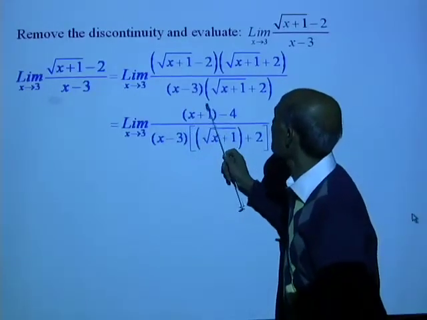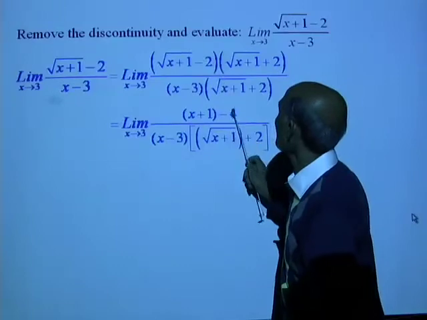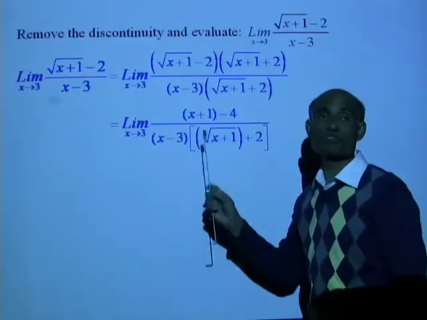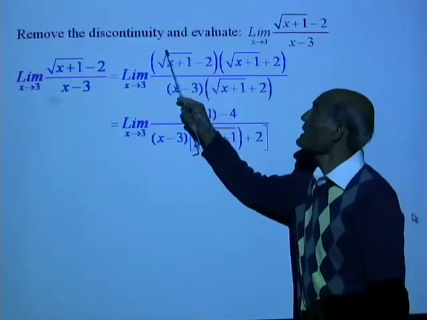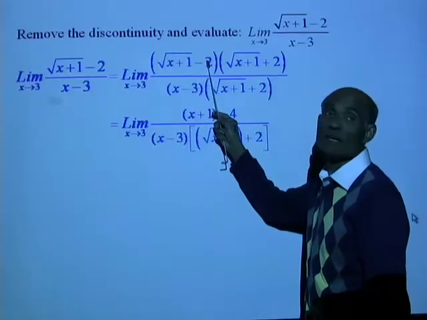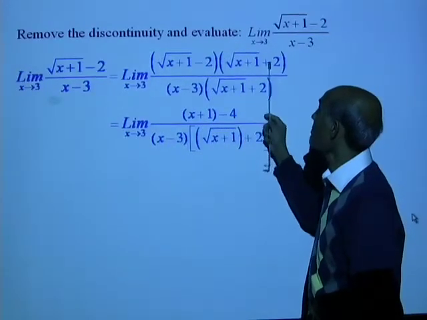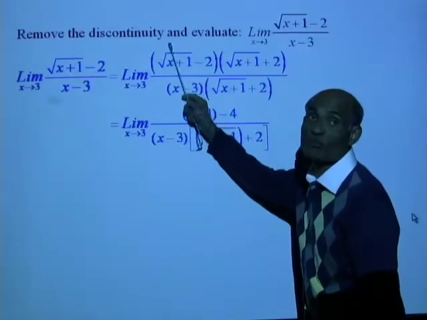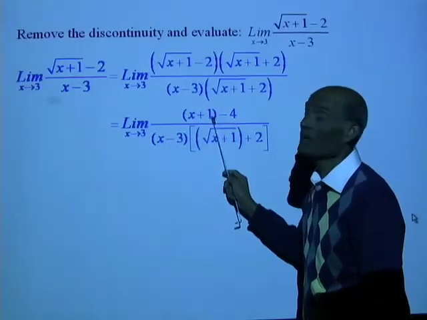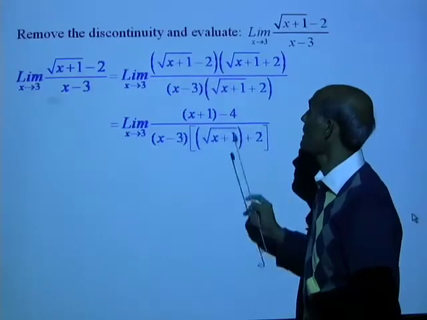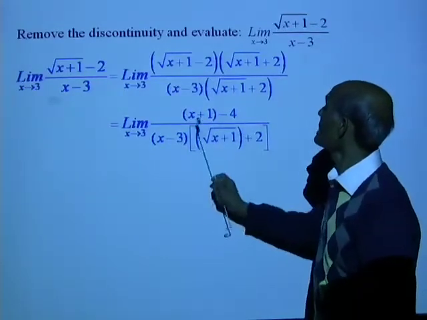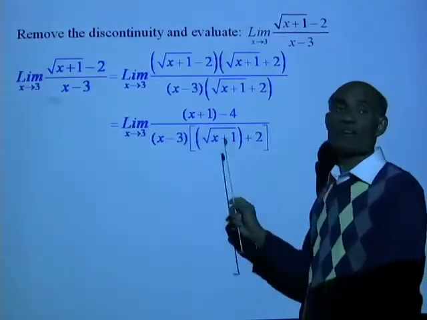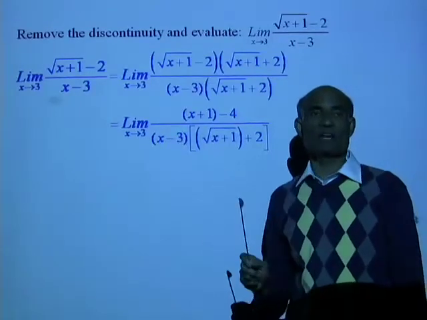So it will be x plus 1 minus the square of 2, which is 4. I hope you understood that. This will be a minus b times a plus b. It will be a squared, square root x plus 1 squared is x plus 1, minus b squared. And the denominator, we didn't do anything there. We will leave it at that.